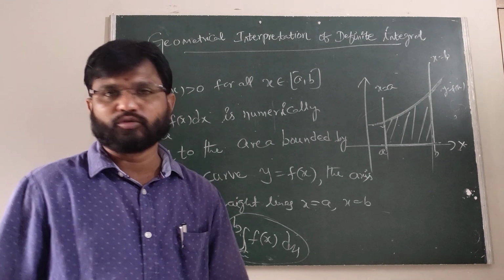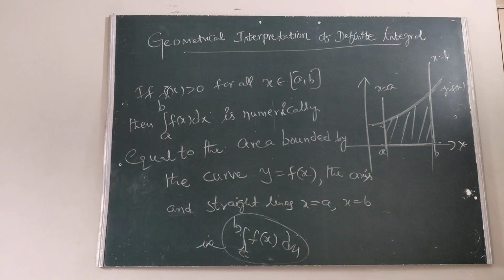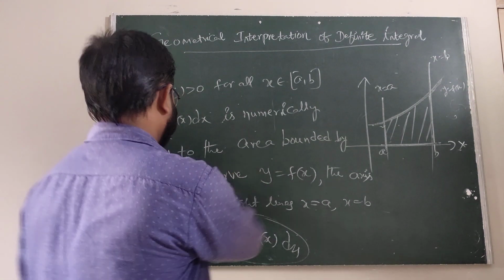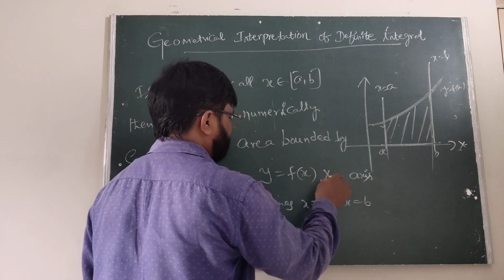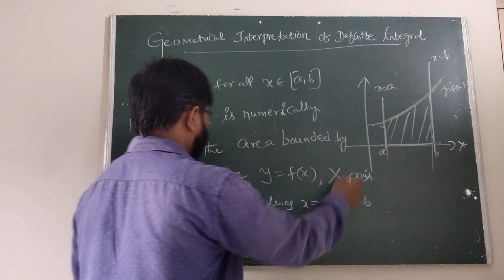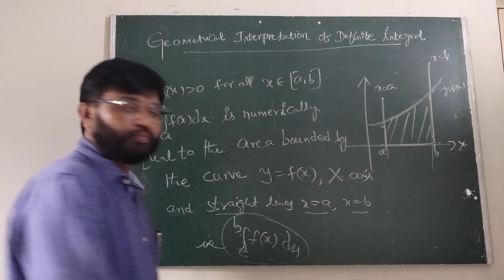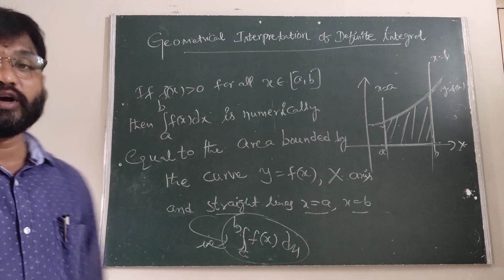Is it clear? How to write it here? The geometrical interpretation is the area bounded by the curve y equal to f of x, the x-axis, and the straight lines x equal to a and x equal to b. That is the integral of a to b f of x dx.